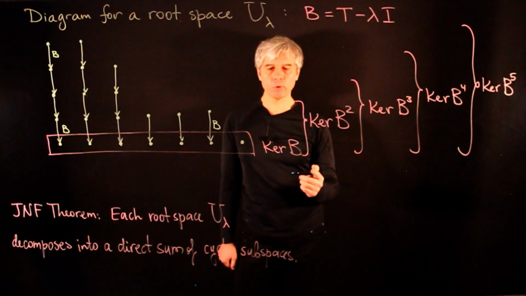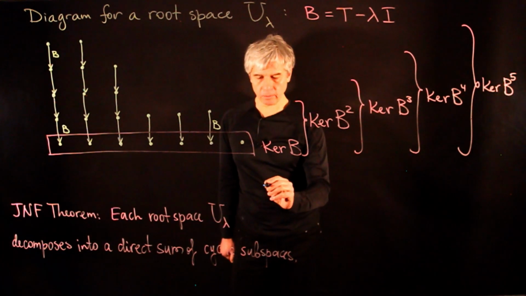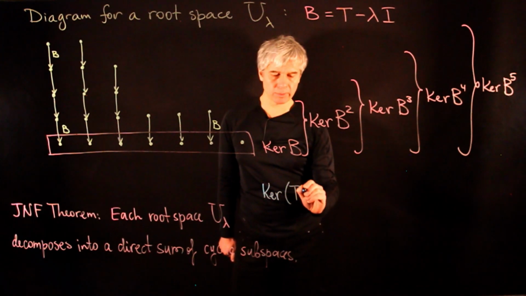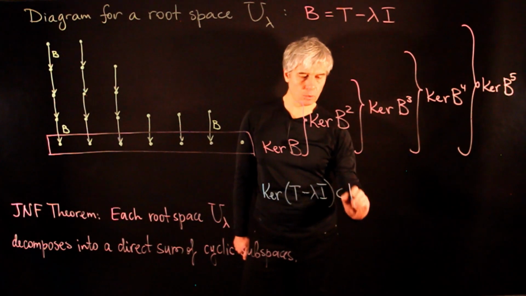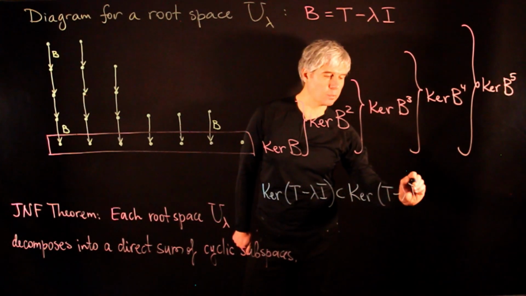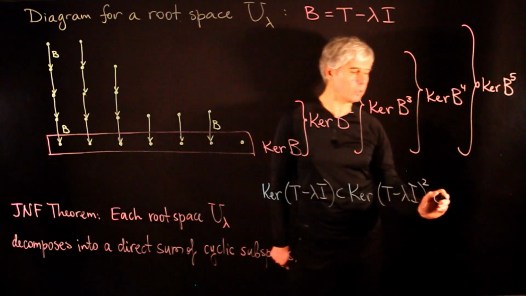This reflects our definition of the root space u lambda. So we said that we consider the chain of kernels: kernel of t minus lambda I sits inside the kernel of t minus lambda I squared, which sits in the kernel of t minus lambda I cubed, and so on.